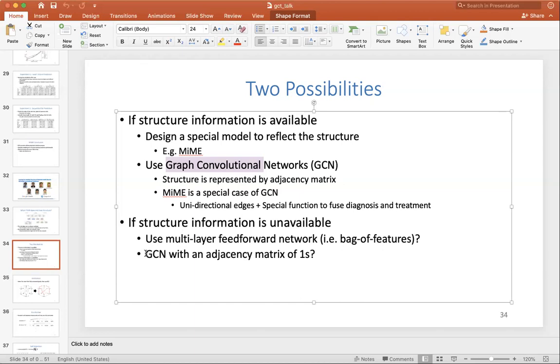Or maybe you can use a GCN or graph neural network where the adjacency matrix is all ones, meaning everything is connected to everything else. In that case, if you're quick-witted, this is exactly the same thing: adding everything together in your visit is the same as using a GNN with the adjacency matrix of ones.